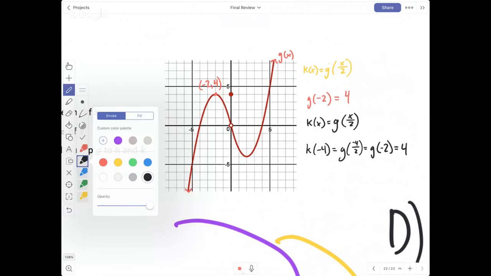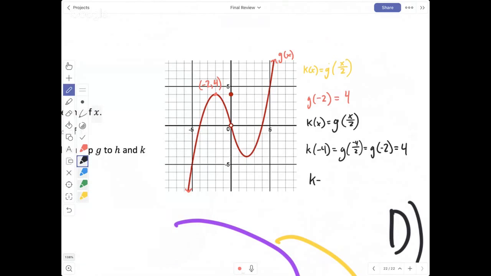So that means that if I plug into k, -4, I will get 4. K of -4 equals 4. Well, let's graph that. Left 1, 2, 3, 4, up 1, 2, 3, 4.